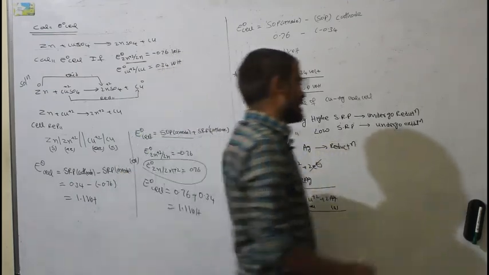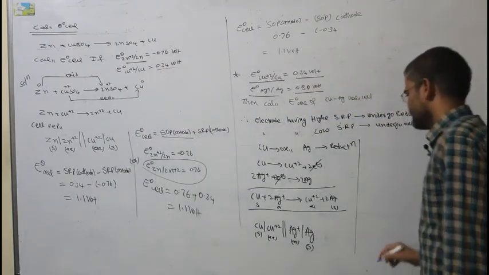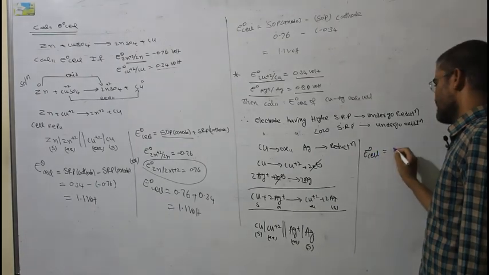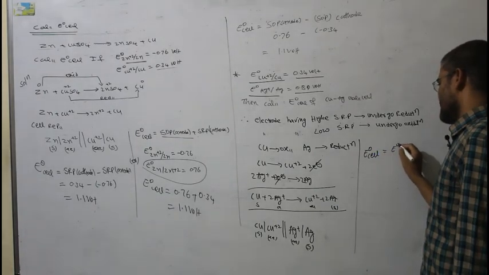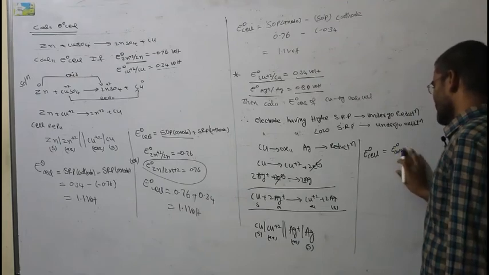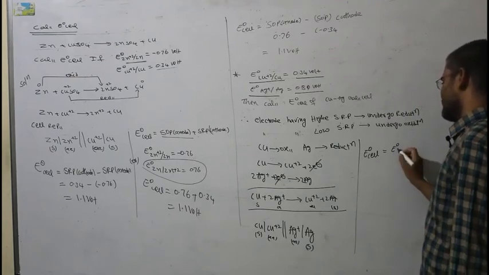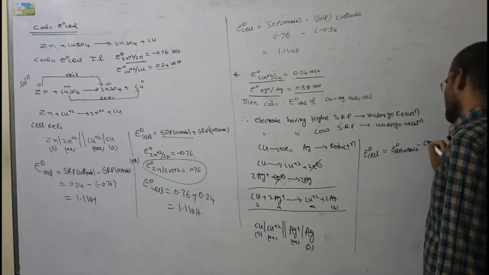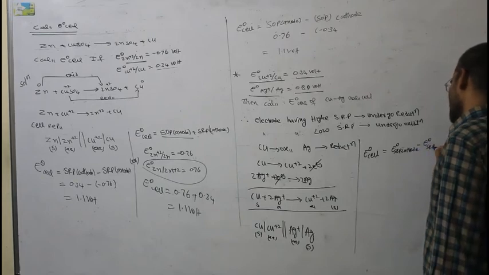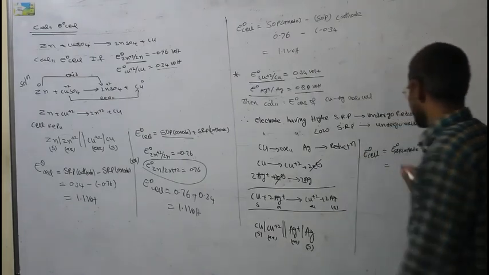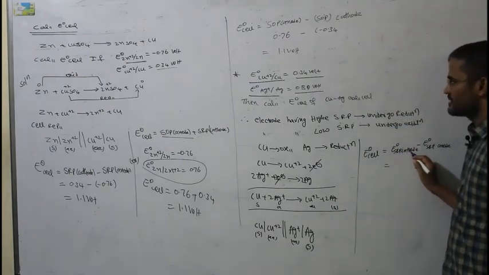For this we have to calculate E naught cell. What does the E naught cell value become? E naught of cathode, here too the reduction potential value: standard SRP of cathode minus standard SRP of anode. The standard reduction potential of the cathode is given for us.